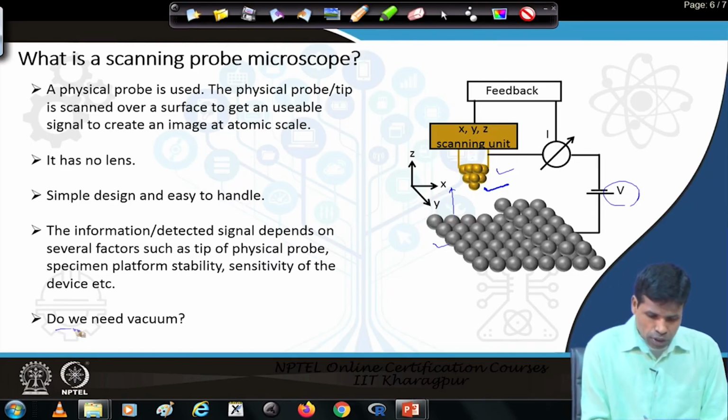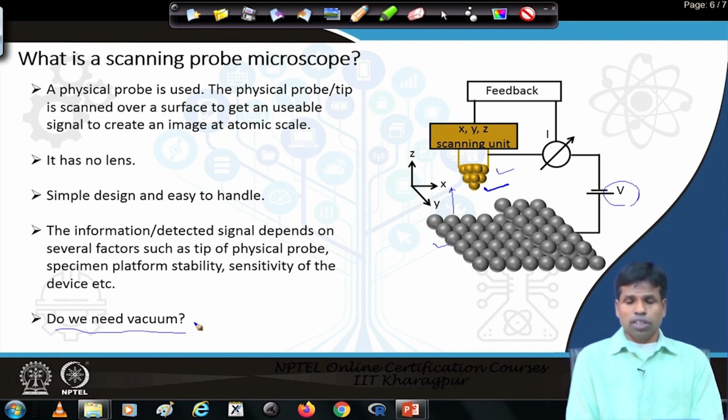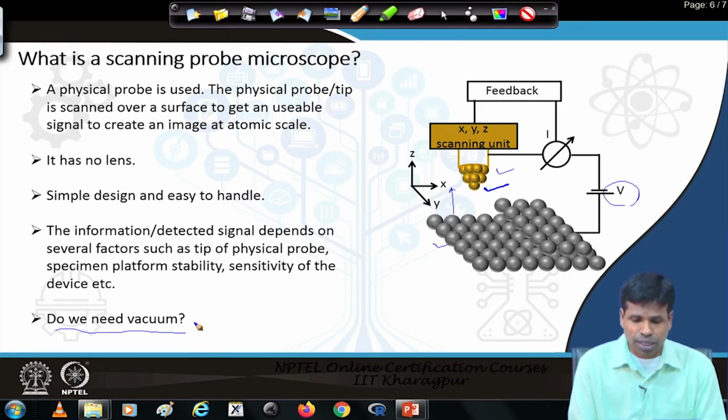Here do we need the vacuum? So, here actually we do not need vacuum theoretically, but if we want to get information of the very surface or the atomic layer, in practice you will see later that we also need high vacuum. Theoretically we do not need vacuum at all.